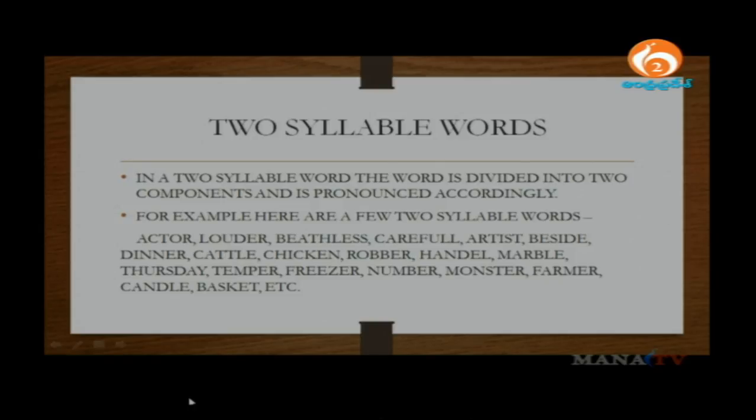So these are a few of the examples of two-syllable words, which are divided into two components and pronounced accordingly.